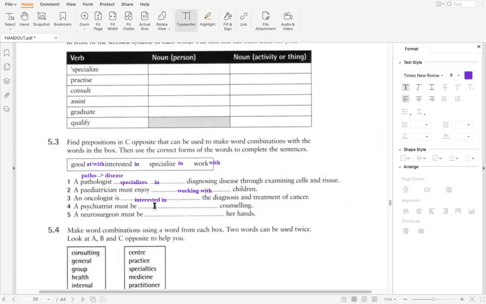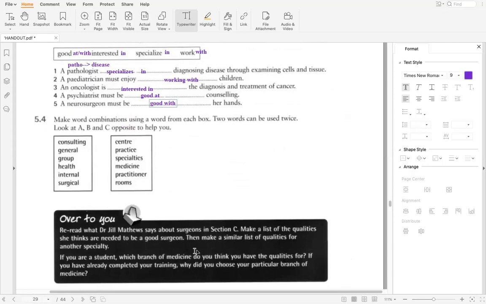A psychiatrist must be blank counseling. So must be good at. A neurosurgeon must be what? Her hands must be good with her hands.